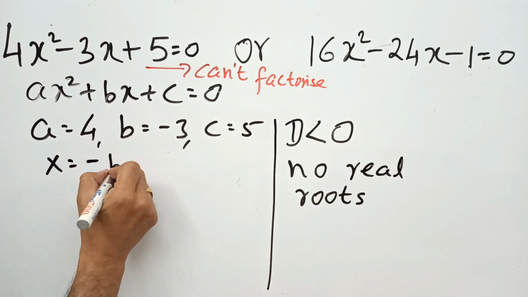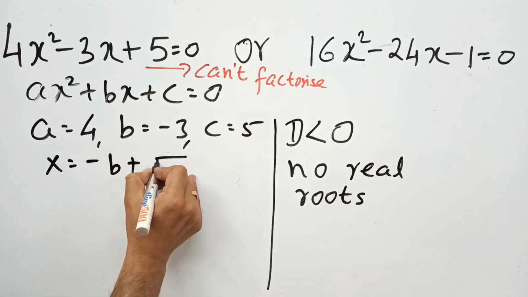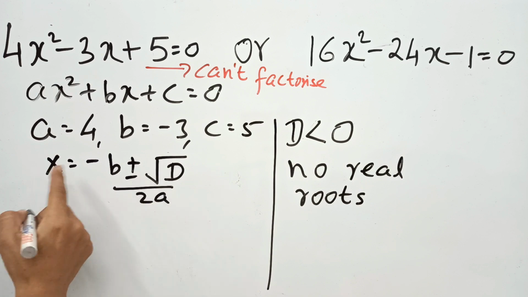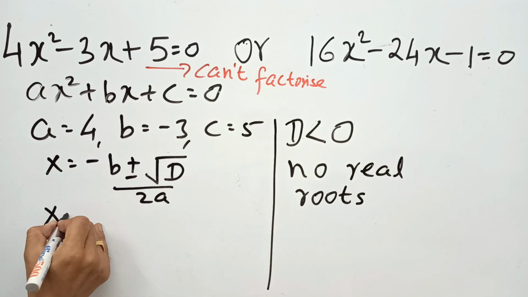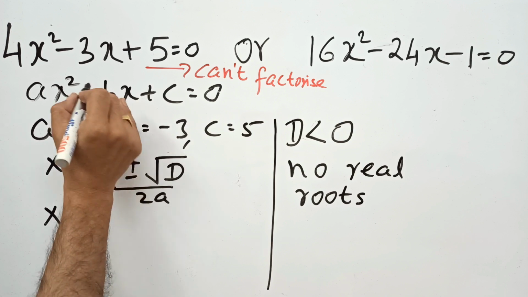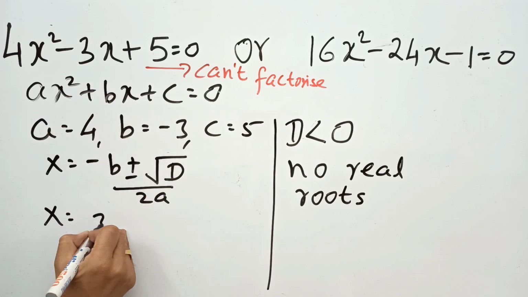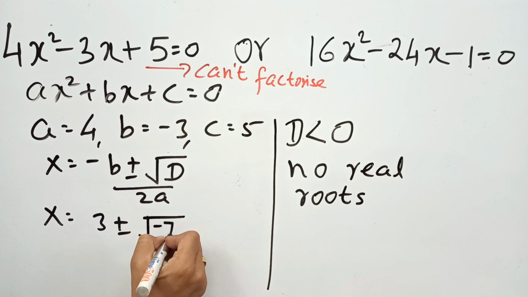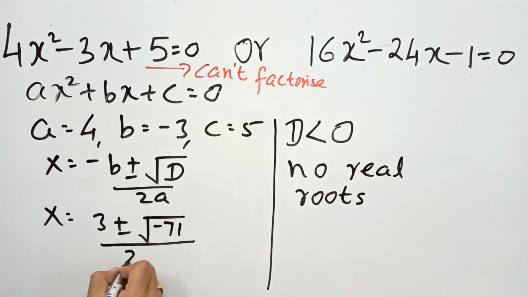The formula is x equals minus b plus minus under root D upon 2a. This is the quadratic formula to find the factors. Minus b means minus of minus 3, which is plus 3. Plus minus root D, we found D as minus 71, upon 2 into a, means 2 into 4.